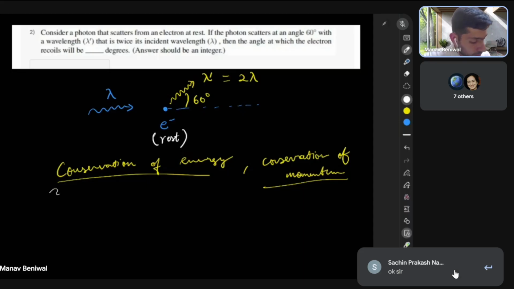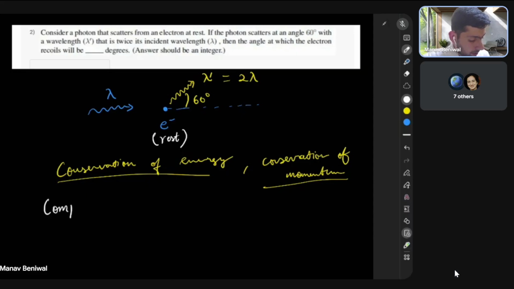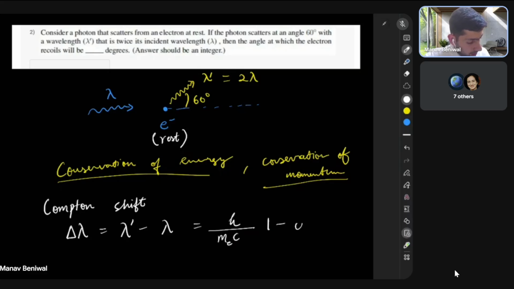Okay. So we have Compton. So this is called Compton shift, right? We know that delta lambda, which will be lambda prime minus lambda, is given by h over m_e c times (1 minus cos theta).